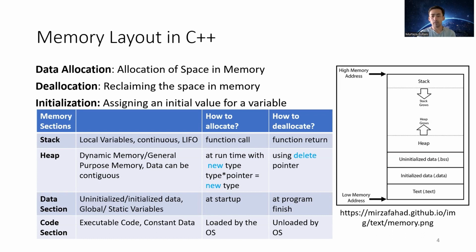It's called data allocation. When we remove the data from the memory and reclaim the space, it's called deallocation. And when we assign an initial value for a variable, it is called initialization.